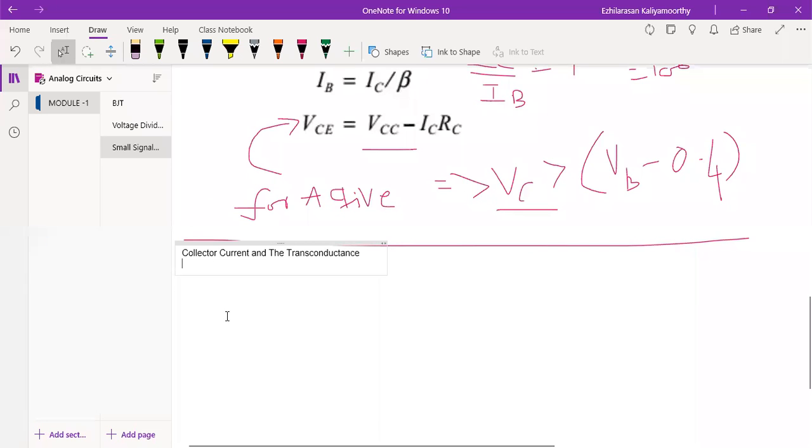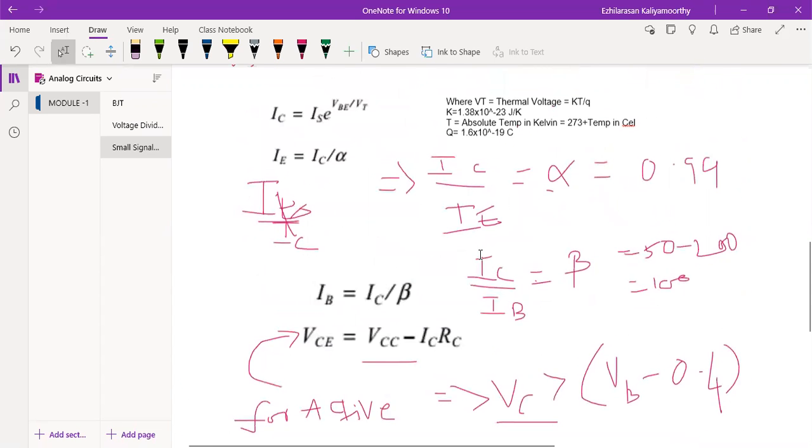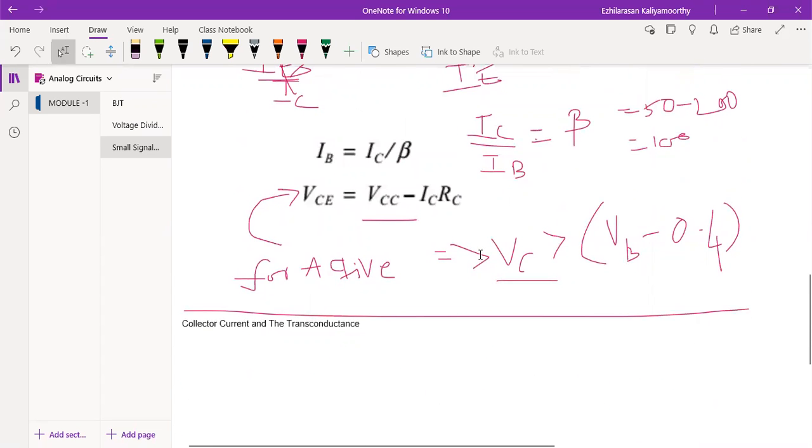Now we have to find out the collector current and the transconductance from this diagram, that is, the small signal model.